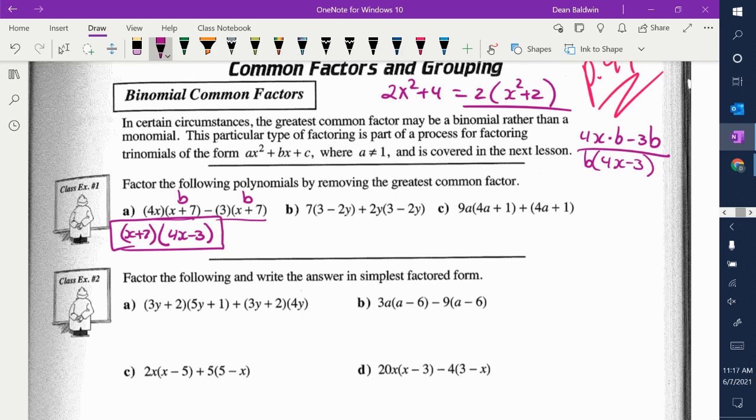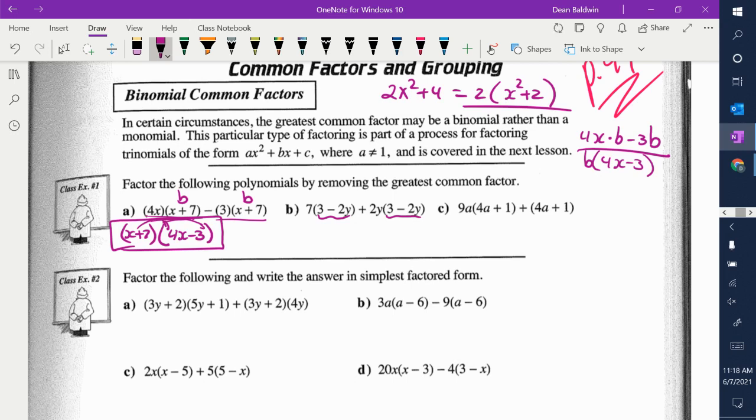So next question, what's common in both terms? Part of it, this whole bracket, 3 minus 2y. Because it's common, if I read it this way and I multiply that back in, I get this, right?